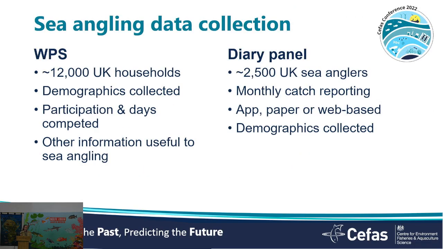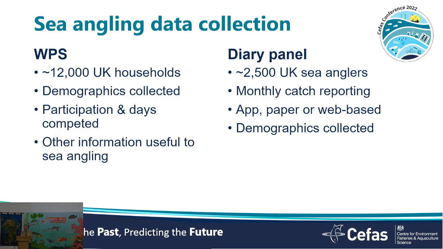For our surveys in the UK, we have two main surveys. We have the Water Sports Participation Survey, which is an annual survey across 12,000 households in the UK. Through that, we collect various demographic information, and also angling participation, days fished, and a variety of other useful sea angling information.